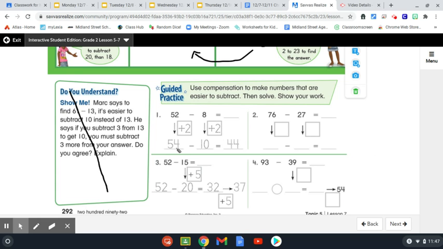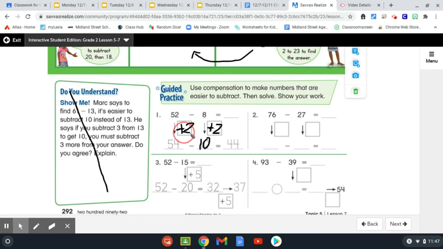On number 1, they show you 52 take away 8 equals. They're looking for groups of 10. So you think to yourself, which number can I round up to make a group of 10? 8 plus 2 makes a group of 10. But compensation tells us what you do on one side, since we added 2, we have to do it on the other side.